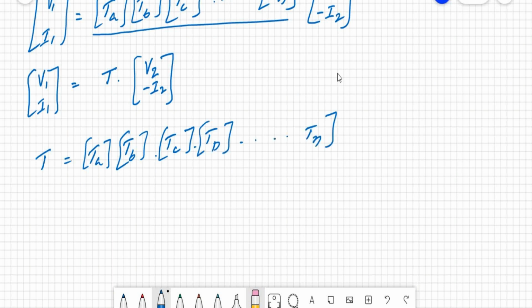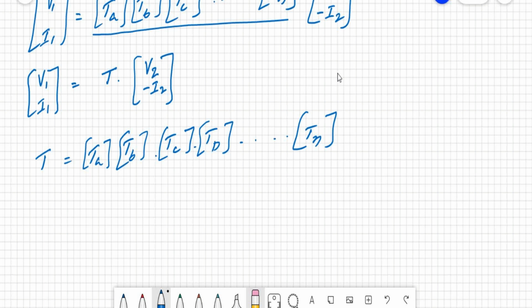So in cascade connection, the overall transmission matrix is equal to the multiplication of individual transmission matrices. If it is a series connection, there you have to consider the impedance matrix.